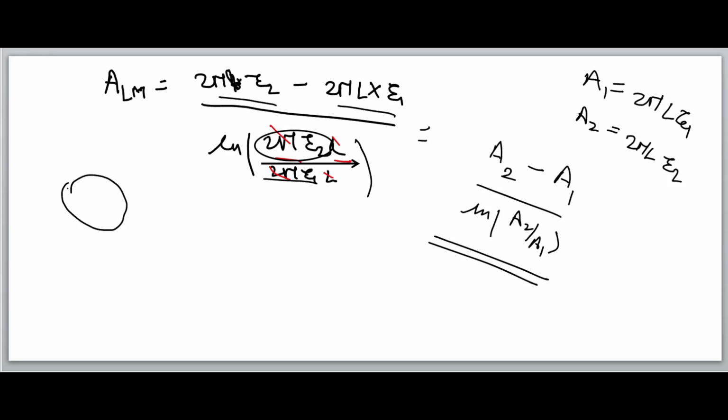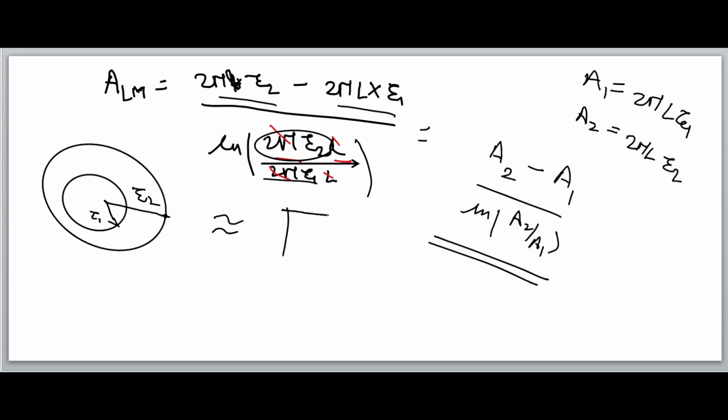Suppose this is a cylindrical system with radii R1 and R2. It is equivalent to a slab of width R2 minus R1, and suppose the inner surface temperature is T1 and the outer surface temperature is T2.